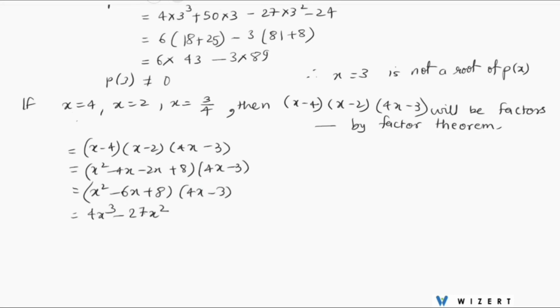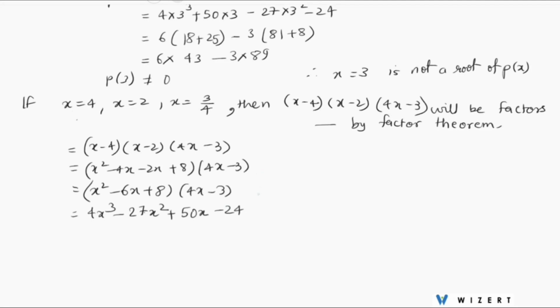So 18x plus 32x is plus 50x, and the constant term will be minus 24. Now this is nothing but equal to the given polynomial p of x.